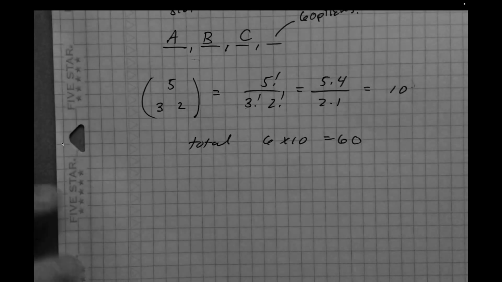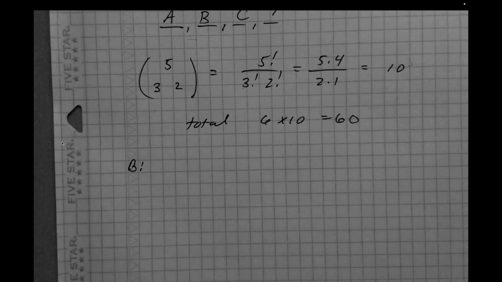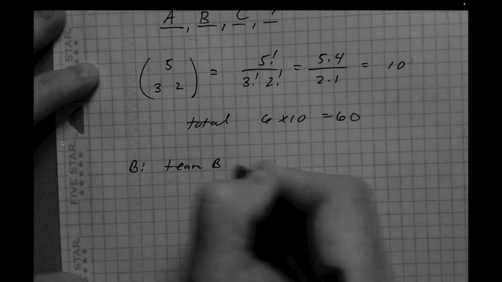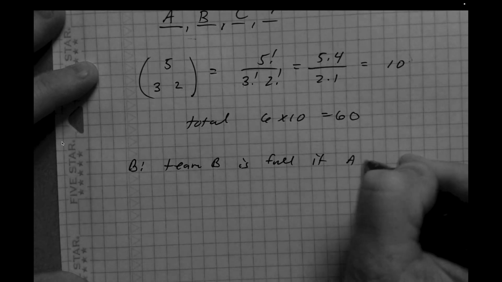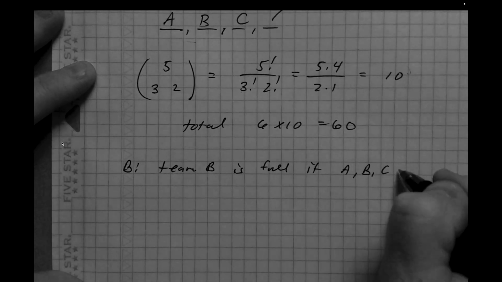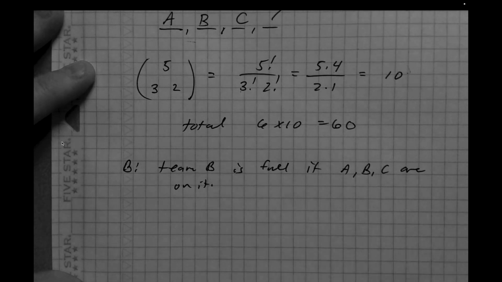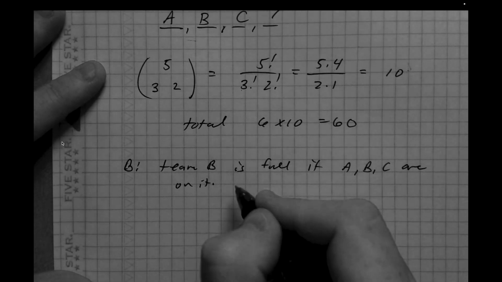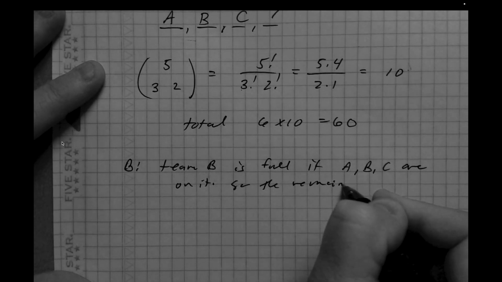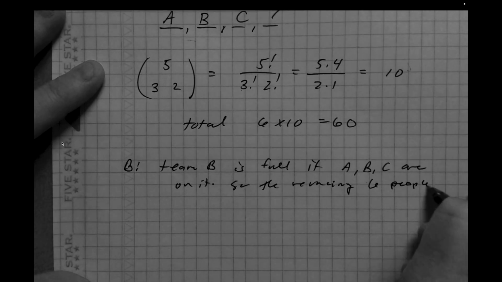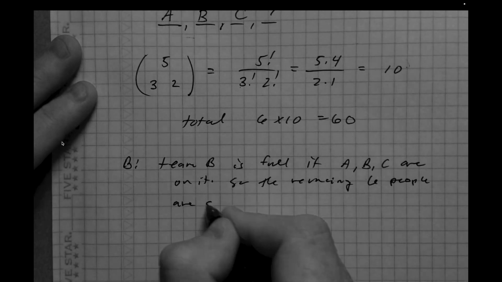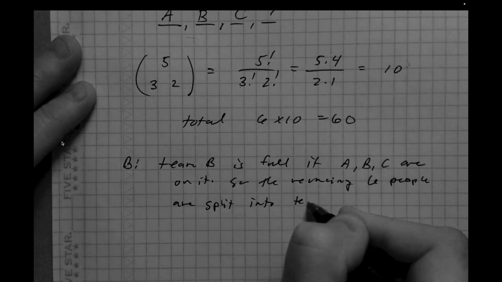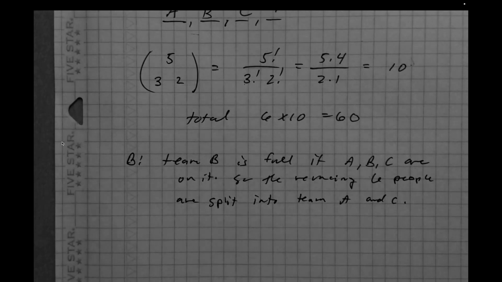Now, what if they're all on team B? Well, if they're all on team B, there's only 3 spots on team B. That means team B is full if Alice, Bob, and Carol are on it. So the remaining 6 people have to go onto team A and team C. And so we know how to do that.